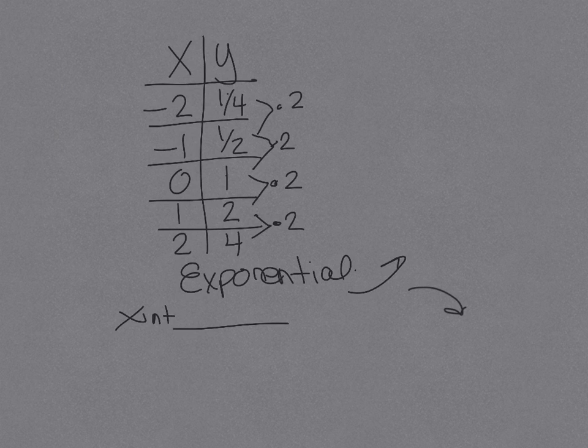For an x-intercept, your y is always 0. For y-intercept, your x is always 0. All right, so we've got here, we've got 0, 1. So that tells me I've got a y-intercept.